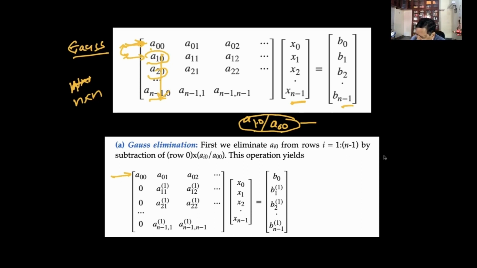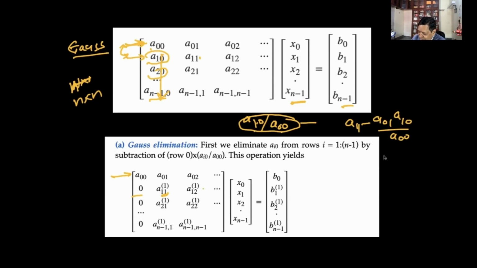So A10 minus A10 becomes 0, and A11 becomes A11 minus A01 multiplied by A10 by A00. That is A11 superscript 1.